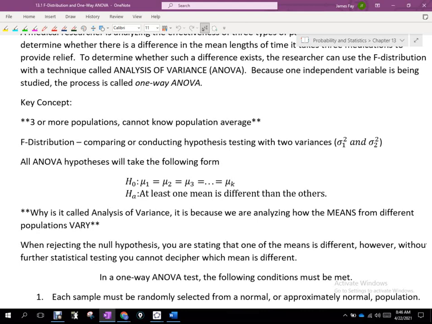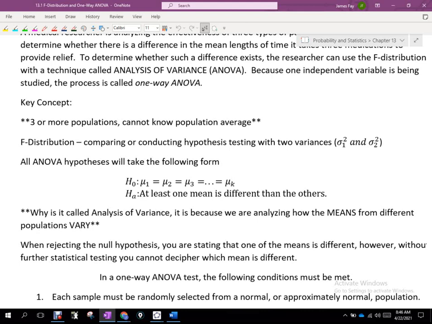If we reject the null hypothesis, then we have evidence for the alternative hypothesis to be true. It does not specify which one is different. So for instance, if we look at this scenario and say, okay, let's say we got Advil, Tylenol, and ibuprofen, and we say that the null hypothesis is rejected.